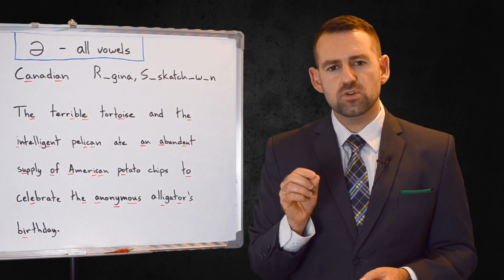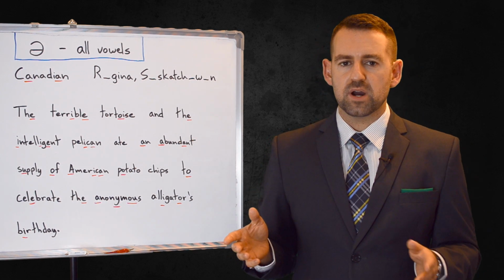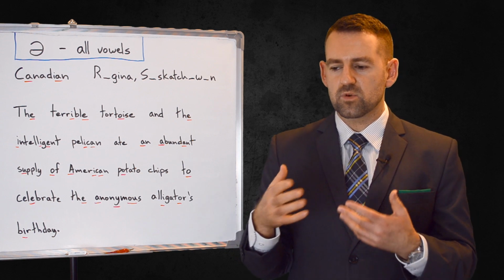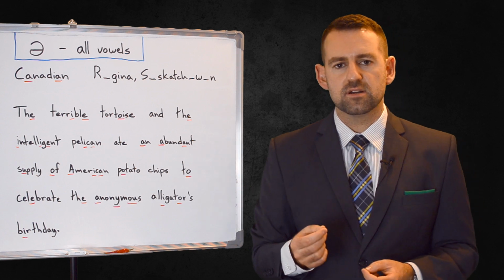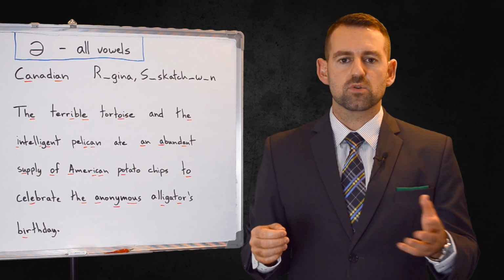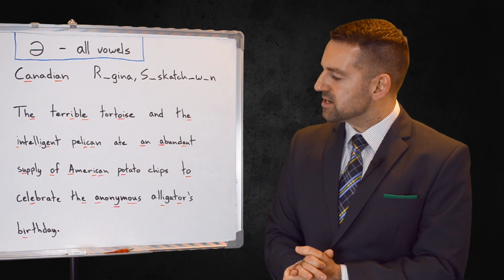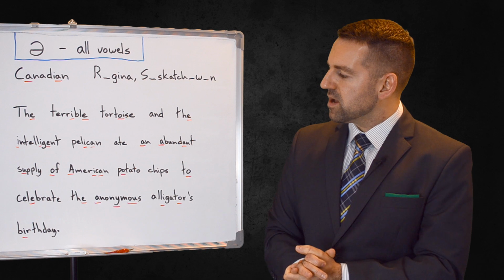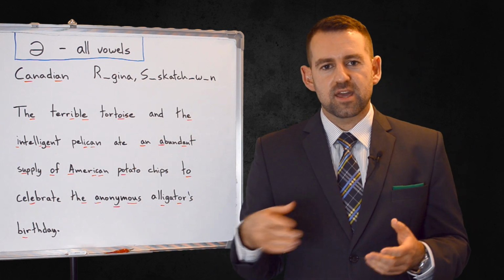If you say the word to on its own, then it's too. But most of the time when we're speaking normal English, to becomes tuh: to celebrate, to go, to run. It's just tuh, and it moves on to the next sound. Okay, so that's the most common sound in the English language.